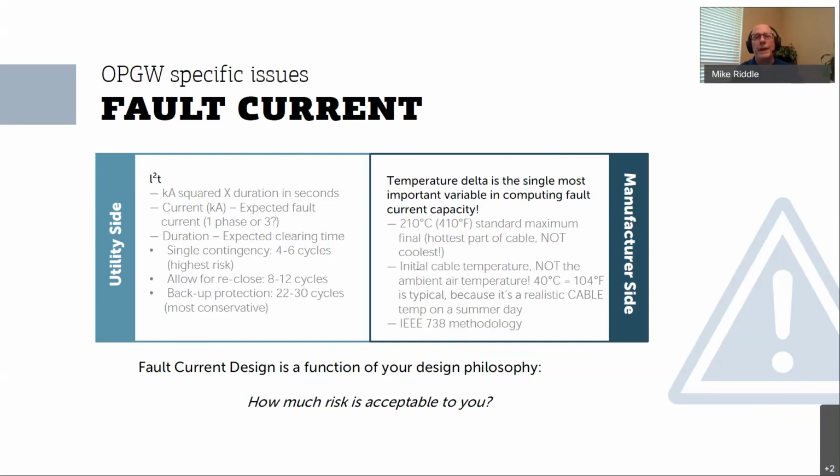So if manufacturer A uses 40 to 210, but defines it at the hottest part of the cable, and manufacturer B uses 40 to 210, but applies it to the coolest part of the cable, they're effectively saying that the hottest part of the cable might be as much as 240, and you really can't make a valid comparison between the two designs. Just something to be aware of. You really should define what criteria you want used in the calculation, and make sure that the manufacturer sticks to it.